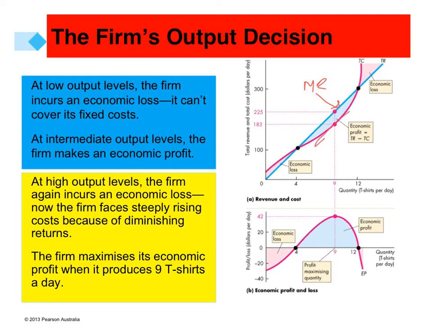And this slope here is the slope of the total cost curve, which is the marginal cost. So when it chooses the output, the marginal revenue is equal to the marginal cost. The diagram below just shows the profit function, and this loss here is what is depicted over there. After the maximum, the profit begins to decline. So the firm will choose, in this case, this particular output, which is 9, that maximizes the profit.